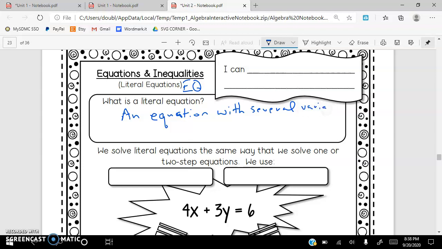Remember, variables in math are letters. Okay. You will solve for one of those variables.